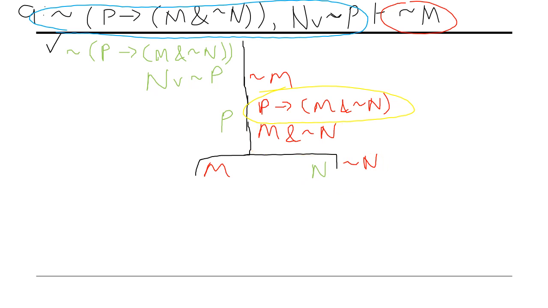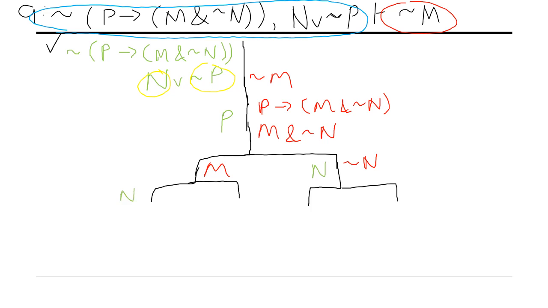So let's look at this second premise. It is a wedge. So what makes a wedge true? Well, a wedge is true wherever one of them is true. So either the left side is true or the right side is true. I got to do it in both branches.